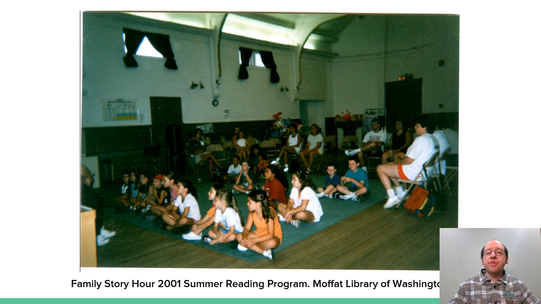But this is from our summer reading program from 2001, and it looks a lot different now after the renovation. If you remember the library during this time period, this is a really great memory jogger for you, and it might also help you see how the library changed over time, which is really great.